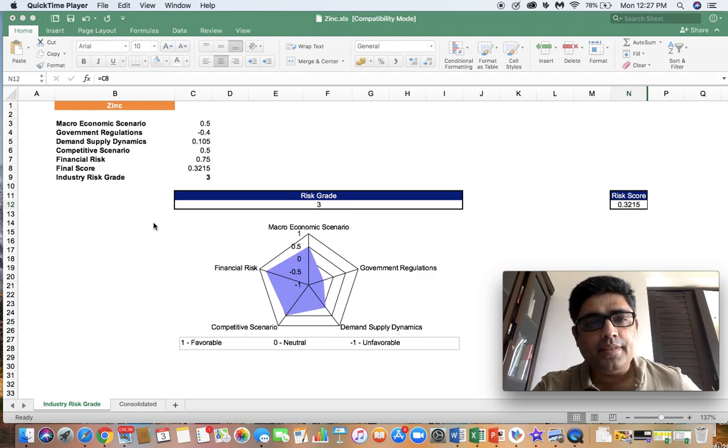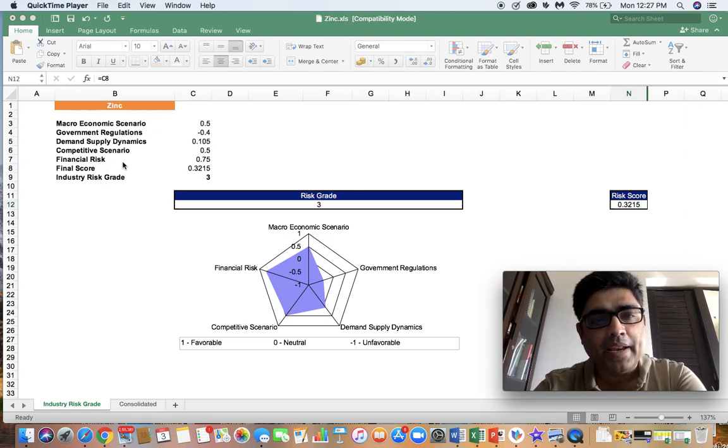So if you see over here, there are certain parameters or aspects on which the industry analysis is done. The first one is macroeconomic scenario, the second is government regulations, the third is demand supply dynamics, fourth is competitive scenario, and the fifth one is financial risk, right?